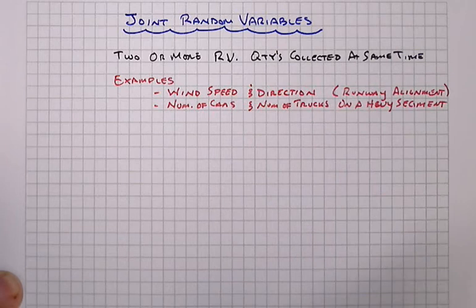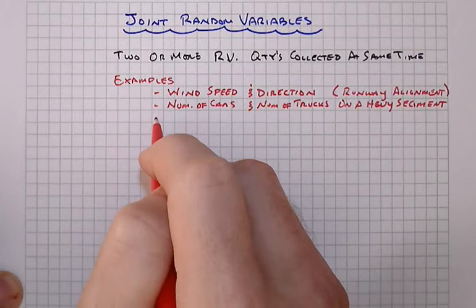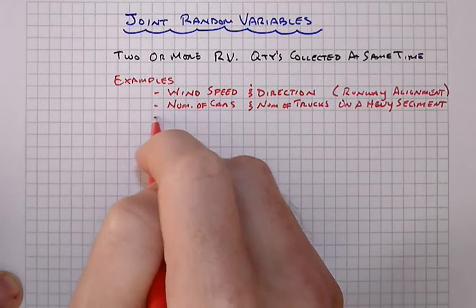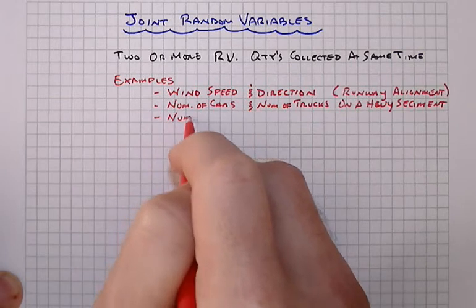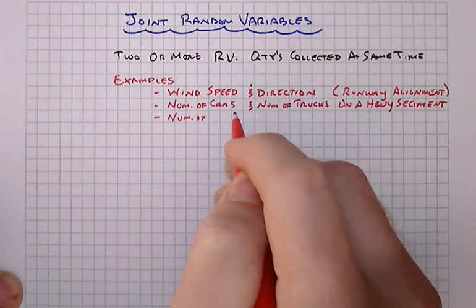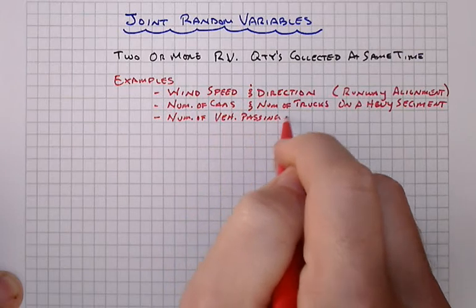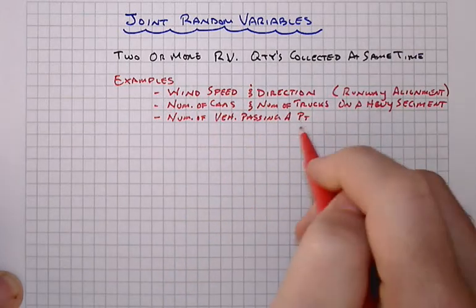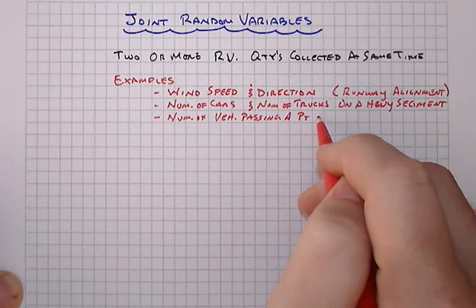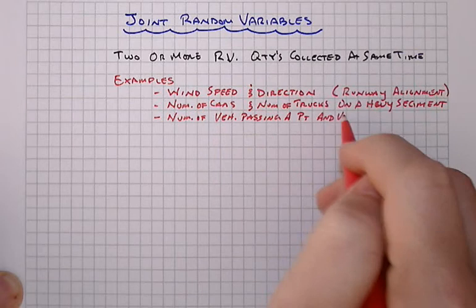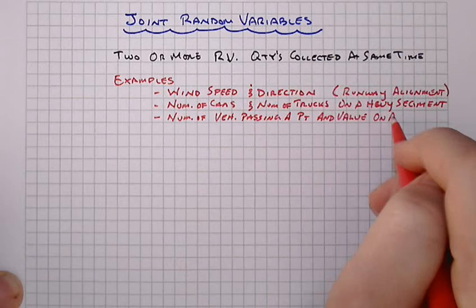Particularly, for instance, if you were looking at a bridge and you wanted to know that combination of things for load modeling. Or, to continue to follow that transportation example, you might be looking at the actual number of vehicles passing a point in a particular time interval, and then comparing that to the value on a recorder or an instrument.